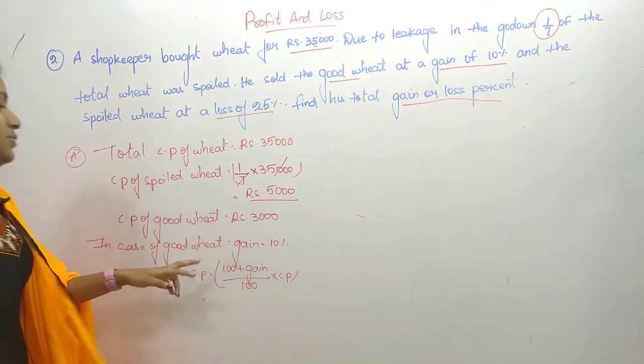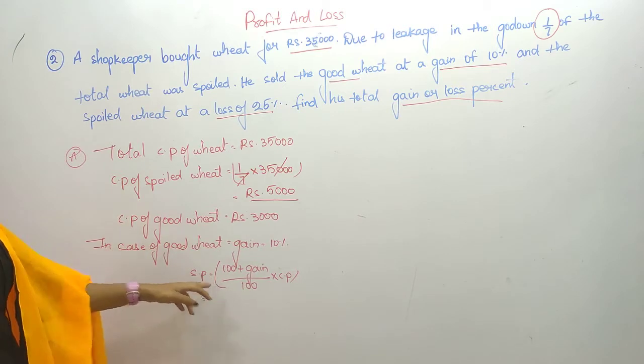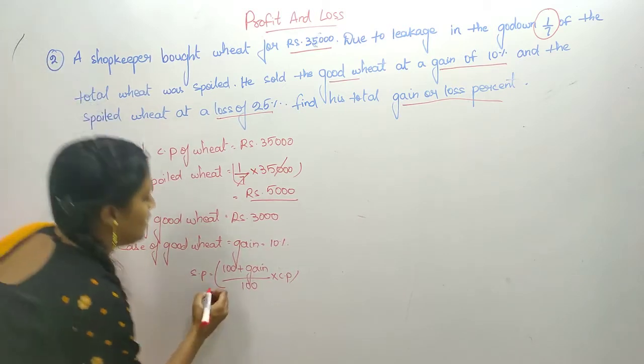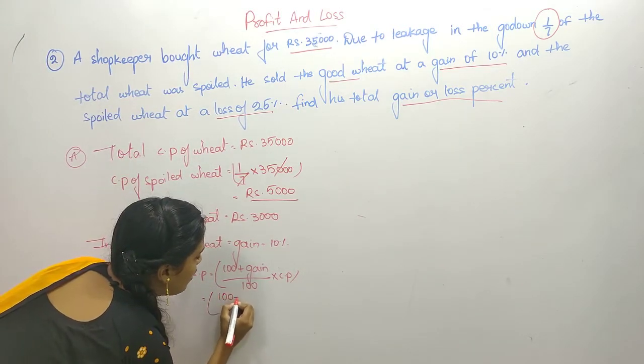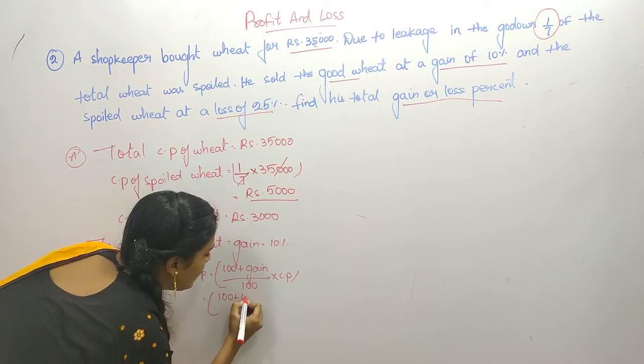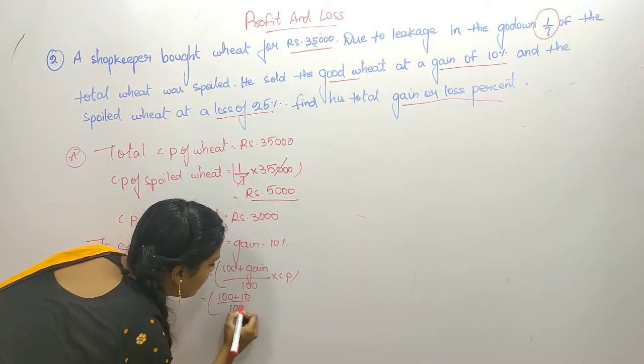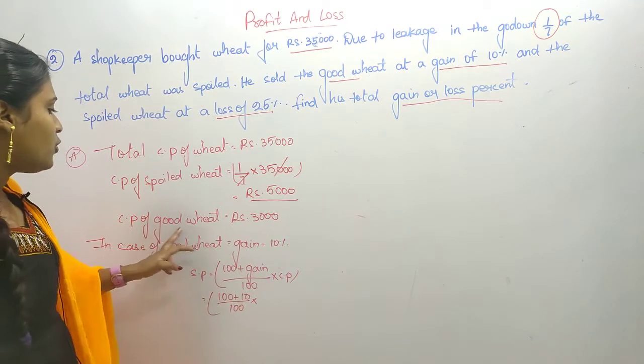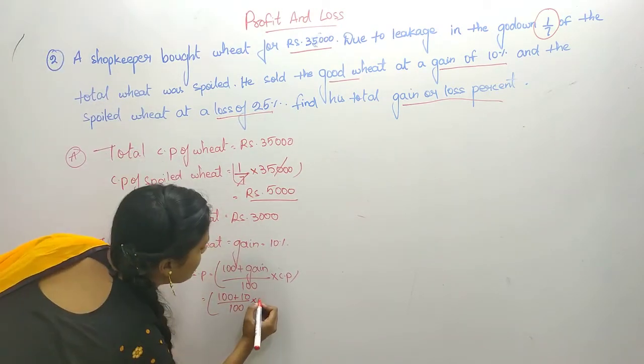Okay, substitute these in the formula. 100 plus gain, 10%, by 100 into cost price. Good wheat's cost price is 3,000.